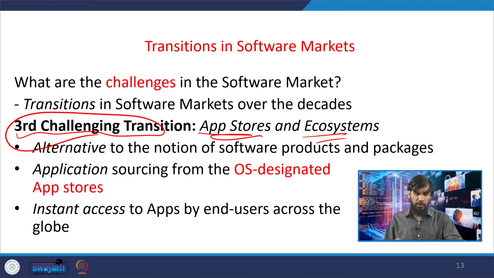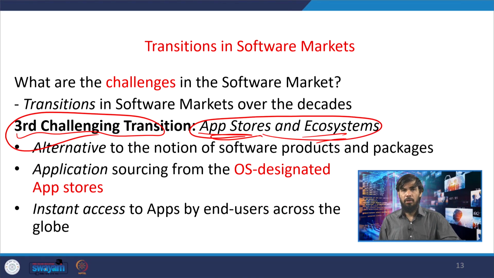Because of that there are app stores where apps can be downloaded and installed, and the search and transaction cost of finding relevant software changed, creating a whole ecosystem. So let's talk about that.